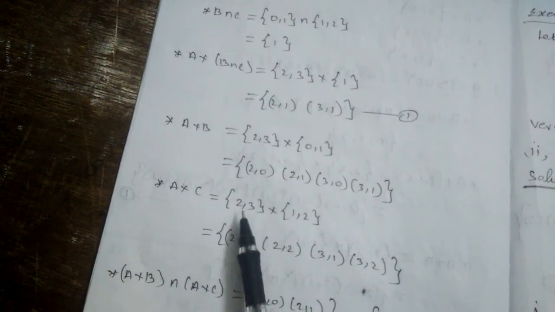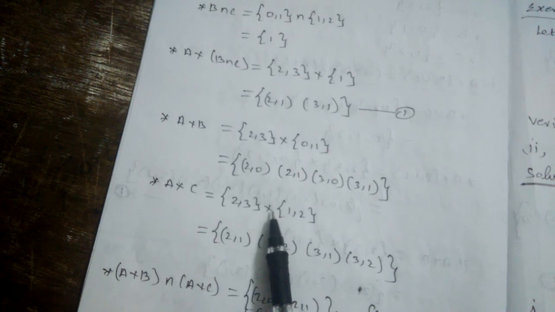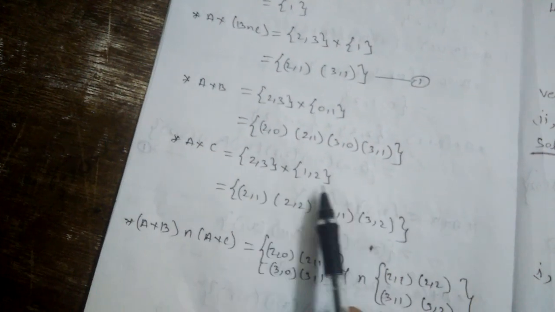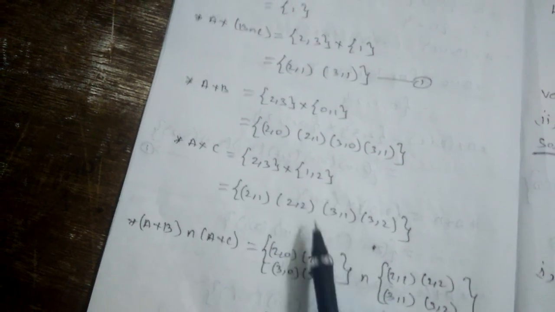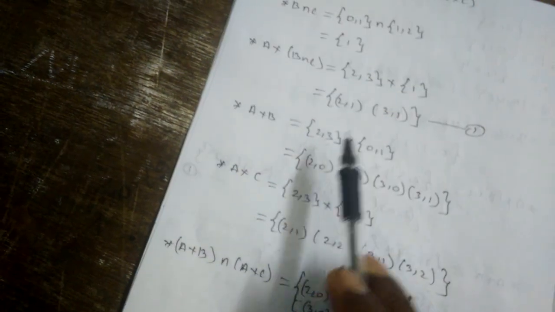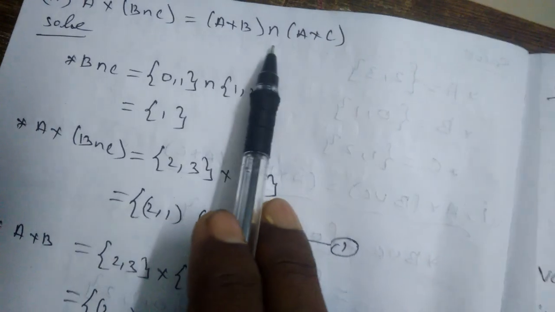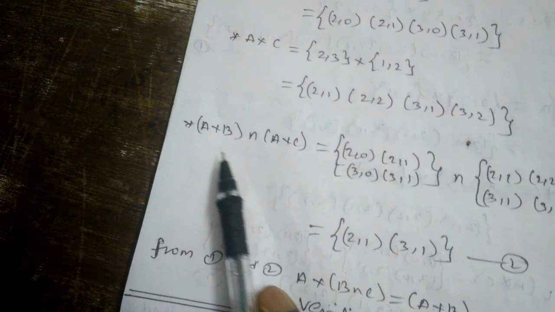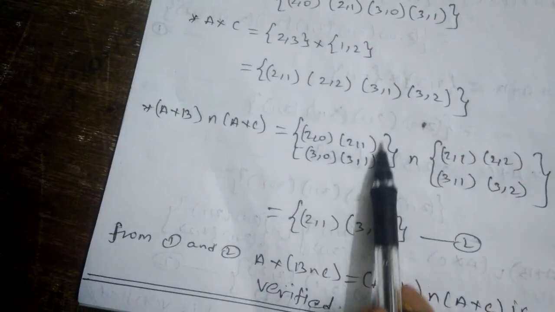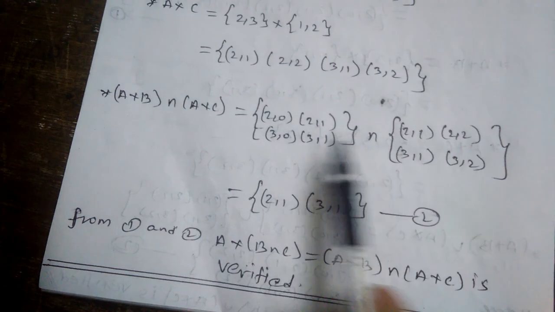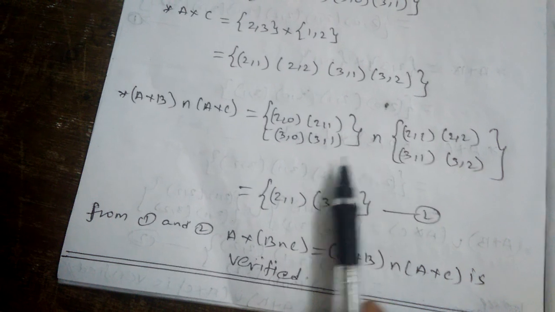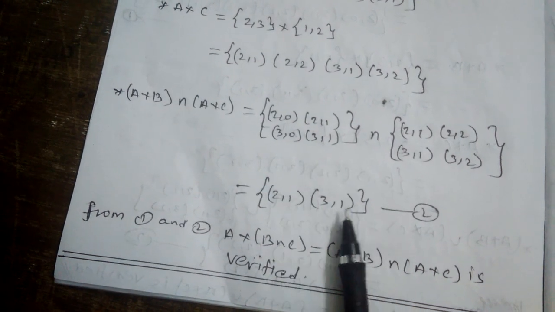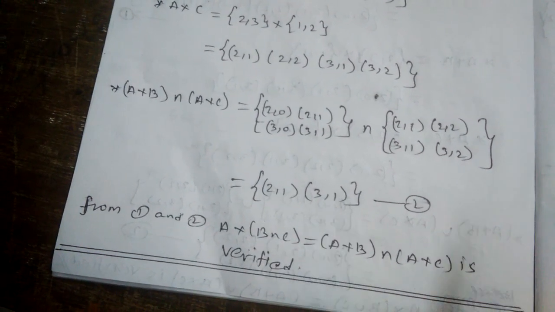Now A cross C is equal to {2, 3} cross {1, 2}, the Cartesian product is {(2, 1), (2, 2), (3, 1), (3, 2)}. Now for the right-hand side, (A cross B) intersection (A cross C): this is A cross B, this is A cross C, and we take the common elements of the two sets. (2, 1) and (3, 1) are the common elements.